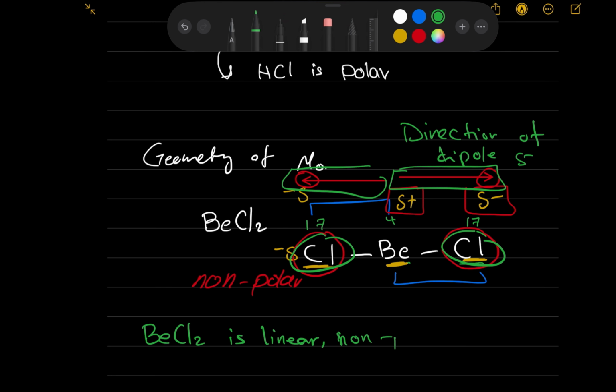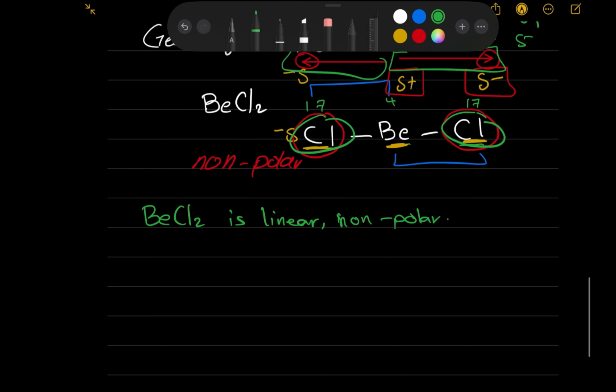Let's take another example, like H, C, triple bond, N. At that point, you can see that you have different atoms. From the periodic table, the nitrogen atom is more electronegative than the carbon, so it's partially negative. This one here is partially positive.